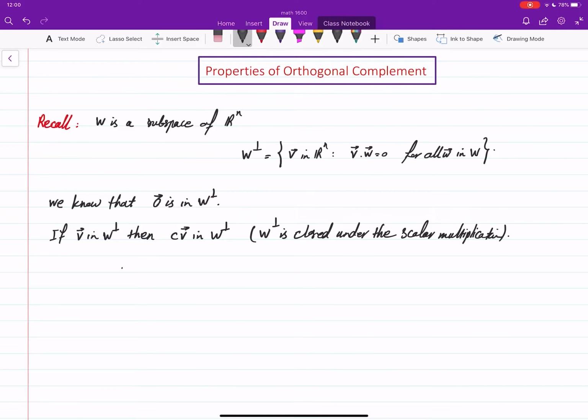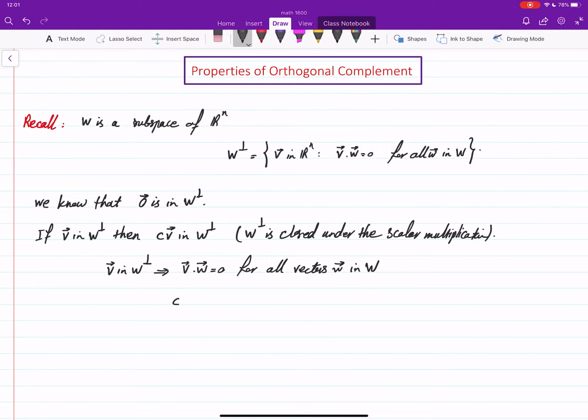Well, if v is in W perp, that means that v dot w is 0 for all vectors w in the subspace W.